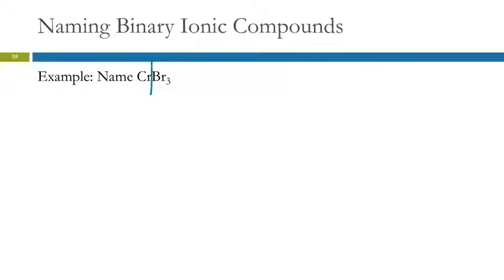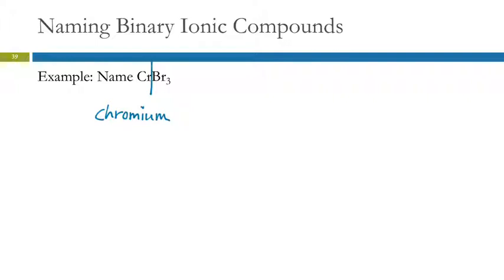So we're going to name the first one. Cr is for chromium. And then we have to ask ourselves, is chromium in groups 1A, 2A, 3A, zinc or silver? No, it isn't.